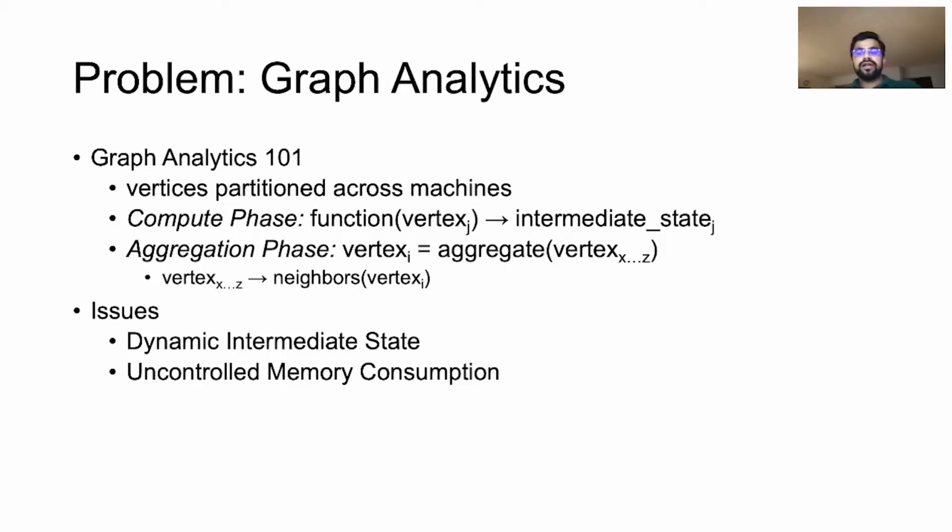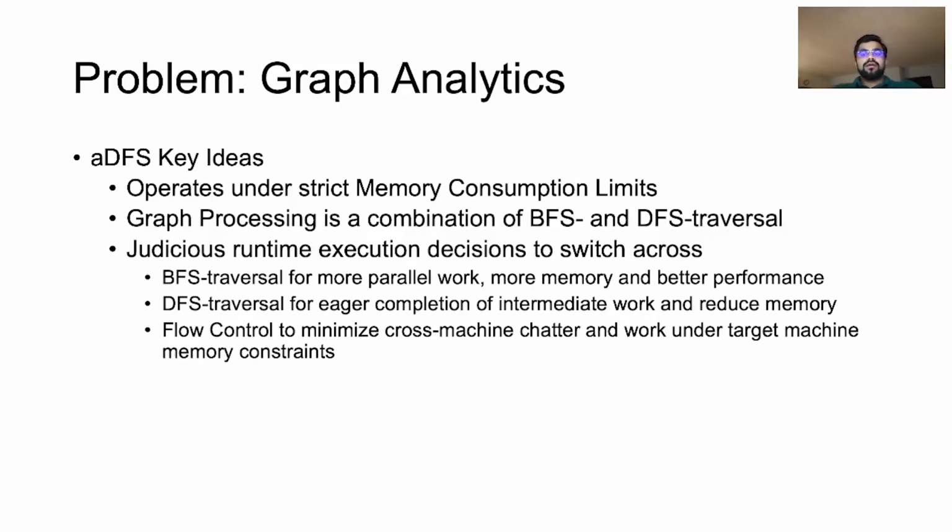First, the size of intermediate state is dynamic and cannot be estimated beforehand. Second, this can lead to uncontrolled memory consumption and can exceed hardware memory limits. The system ADFS overcomes the drawbacks of existing platforms and operates under strict memory consumption limits.